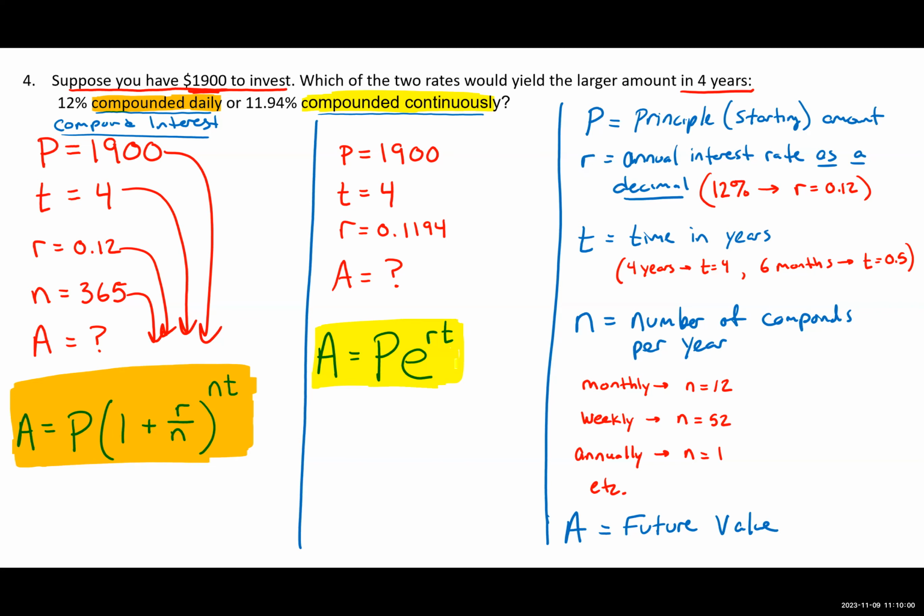We're using it here in the context of interest, but it's a continuously changing quantity. Whichever formula we're applying, we do the problem the same way. We take the given information and substitute it into the equation.